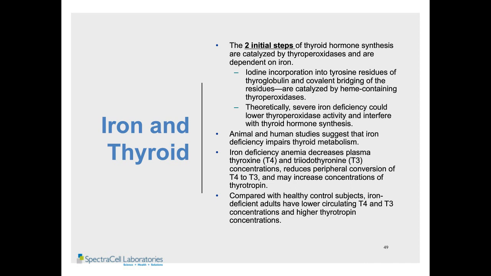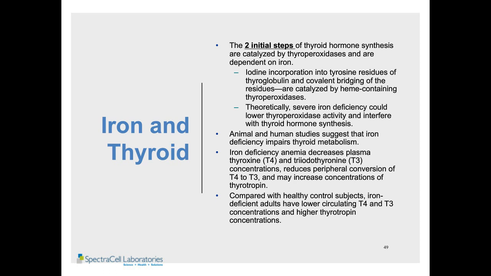And one of the things I want to emphasize to you is, don't think, well, a woman that's in menopause, we really don't have to look at her iron because she doesn't have a menstrual cycle anymore. Don't just go by that. I've seen several women in menopause that have iron deficiency that also have thyroid issues. And once again, the two initial steps, as I highlighted here, of the thyroid hormone synthesis are dependent upon this.